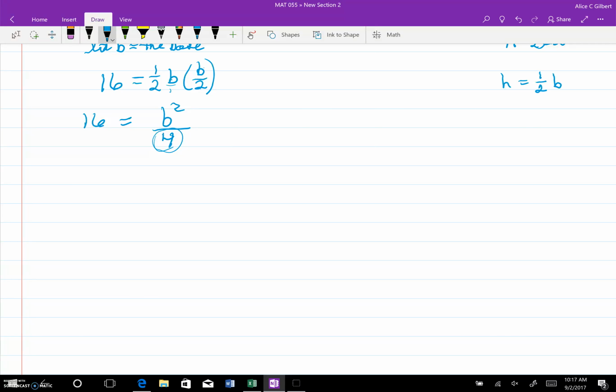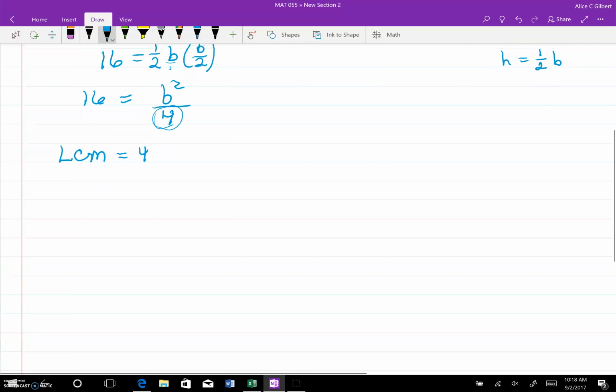And in our next unit, we will learn how to do this if we have more than one denominator. This is being divided, so the opposite of division is multiplication. So I'm going to multiply every term in the equation by whatever that denominator is. So we're going to call it our LCM, lowest common multiple, and we'll learn more about that in our next unit as well.